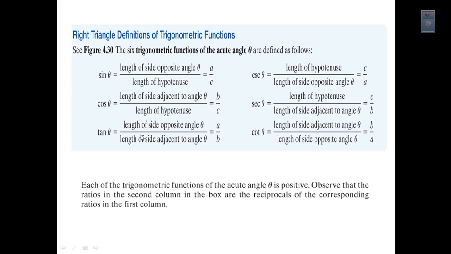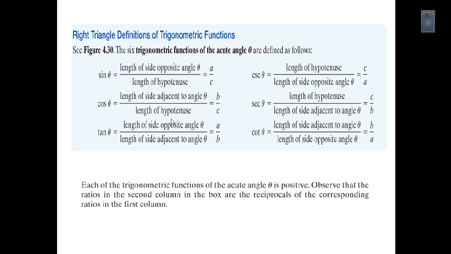It doesn't matter what size triangle we're dealing with, the cosine of a certain angle, whatever it may be, you know, if you have the cosine of a 45-degree angle in one triangle, the length of the side adjacent to angle theta over the length of the hypotenuse is going to be the exact same number as if you've got a cosine of 45 in a triangle that is 17,000 times larger than that.